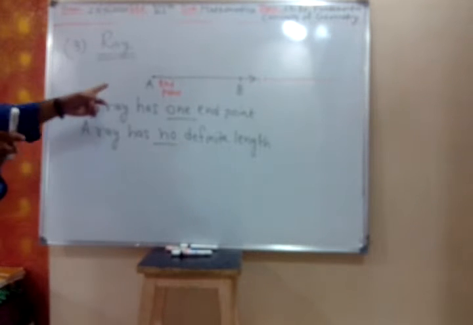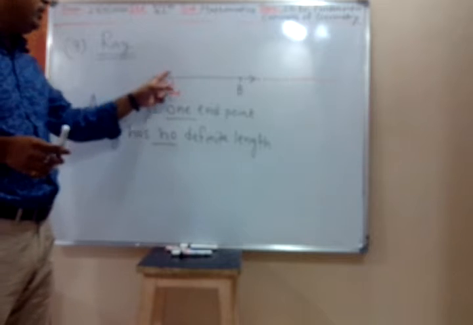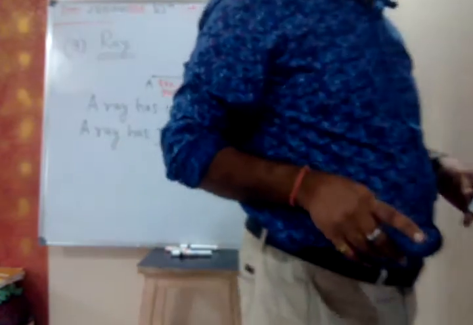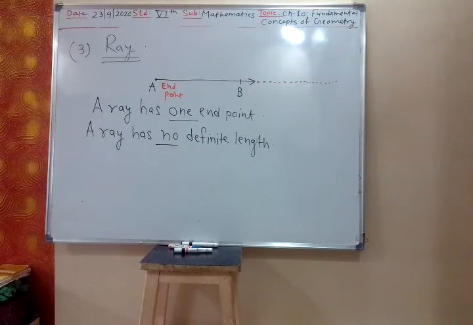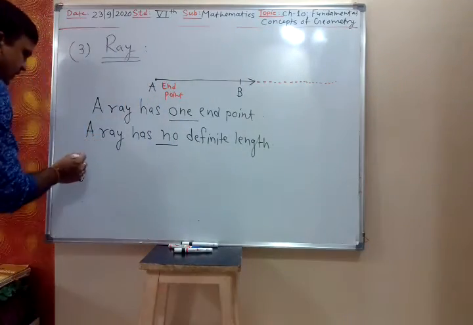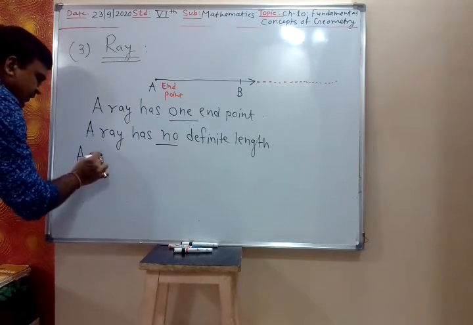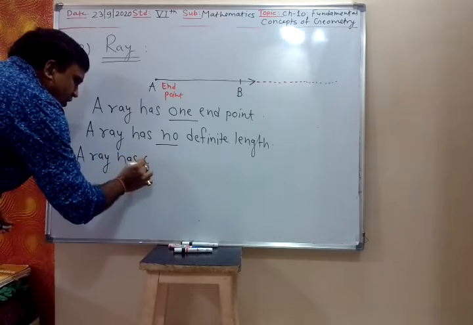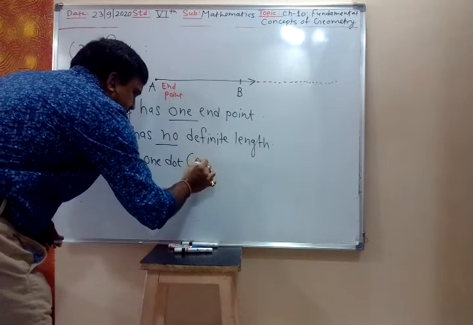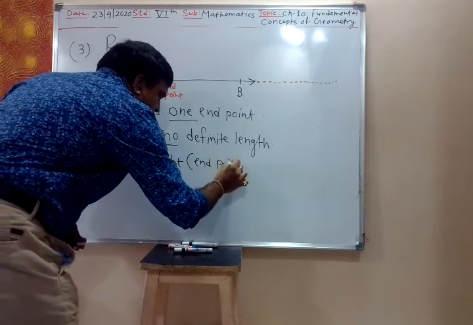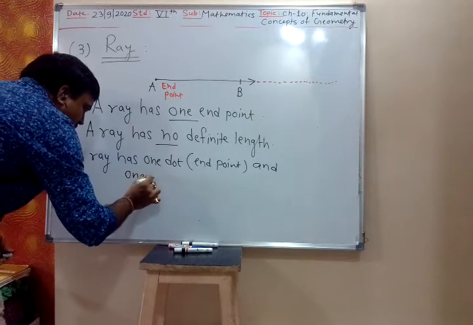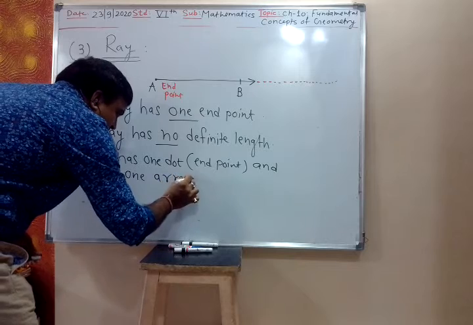See, clear? So whenever there is one dot and one arrow, it is a ray. A ray has one dot, that is the endpoint, and one arrow.